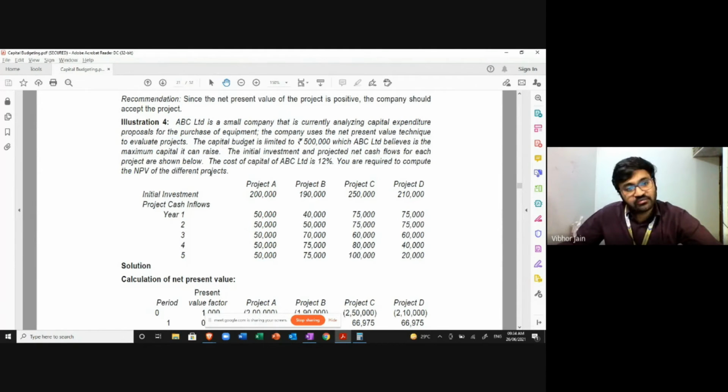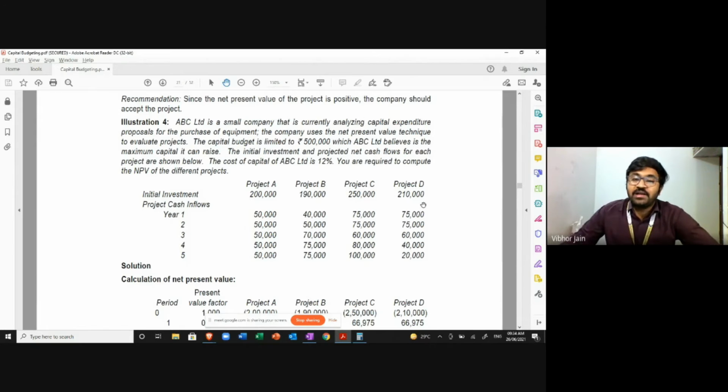Okay, are you getting what is happening? You are the finance manager and you have a total of 5 lakh rupees. And what is the initial capital that is required? It is 2 lakh, 190, 250 and 210, that is 8 lakh 50,000.